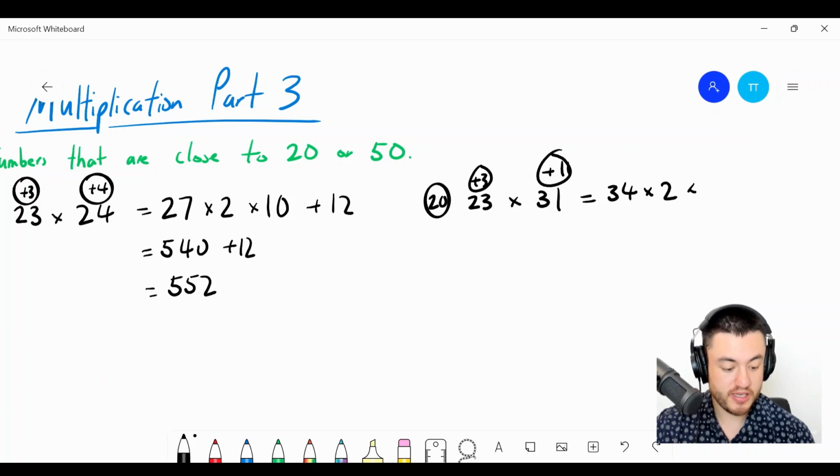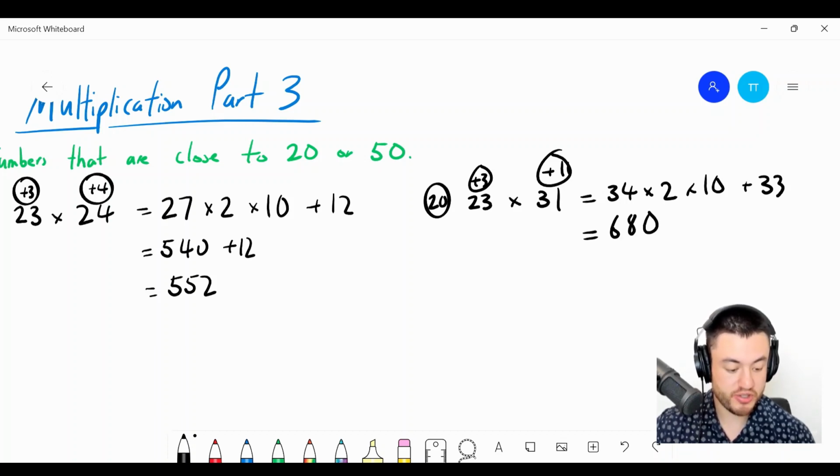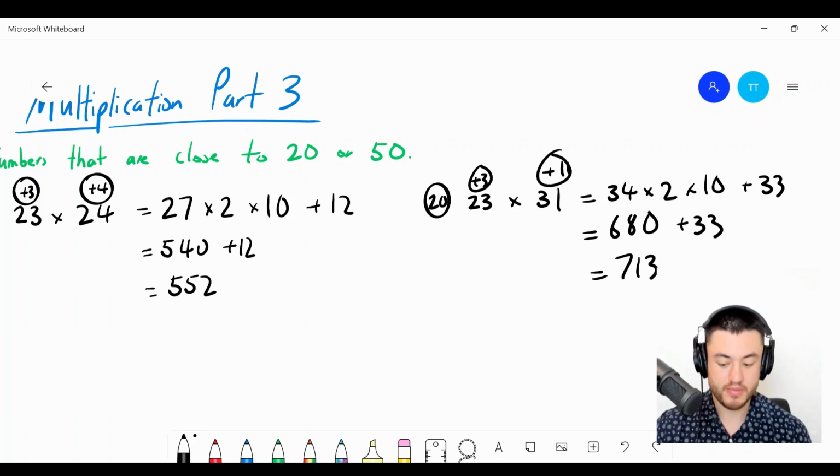Again, doubling it, and then times 10, adding 3 times 11, which is 33. So double 34, we get 68 times 10, 680 plus 33. So our final answer should be 713.